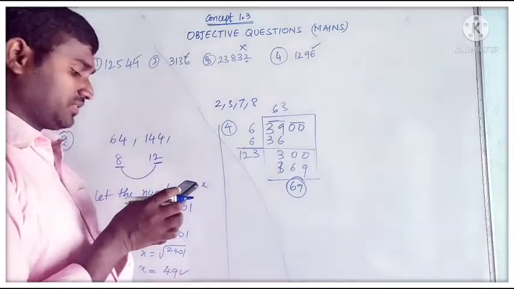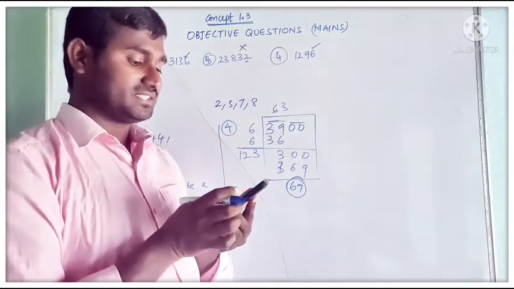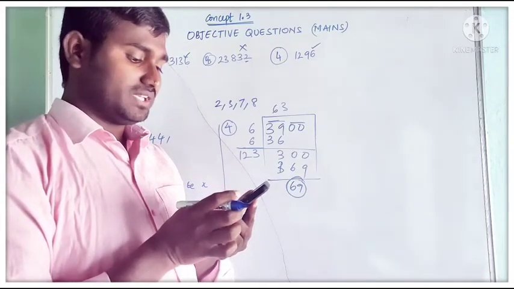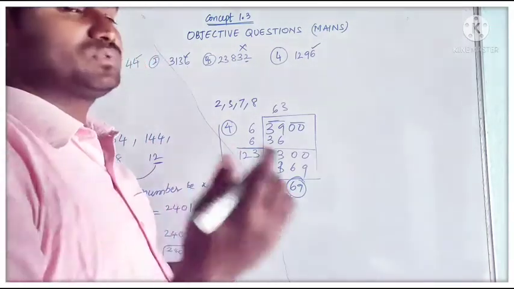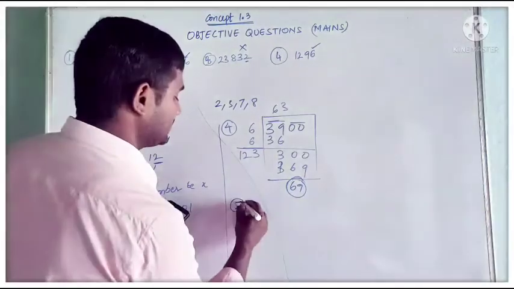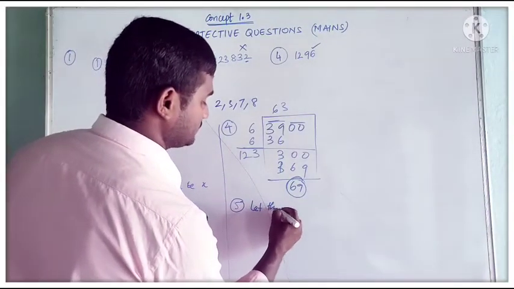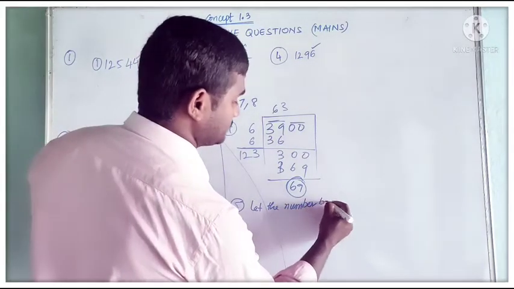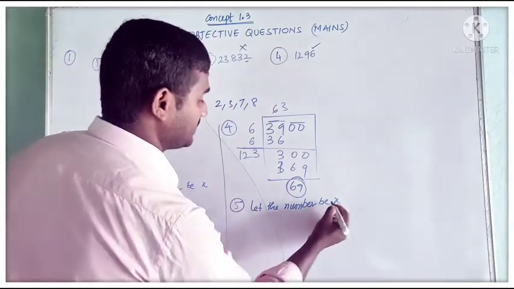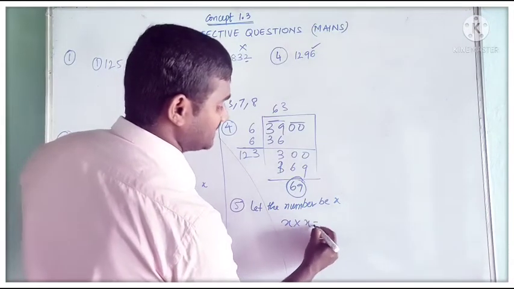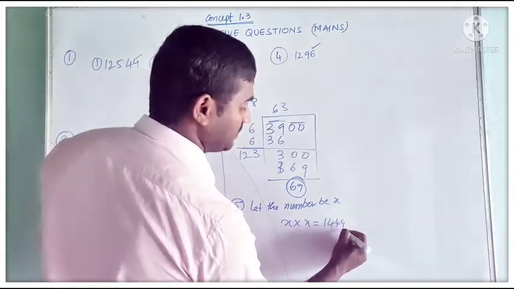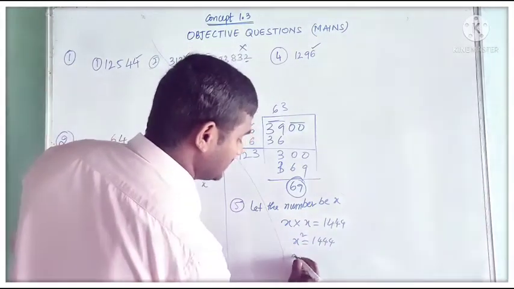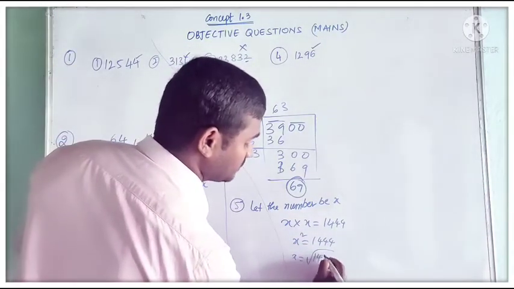Next, question number 5. The product of two equal numbers is 1444. Then the numbers are? Same process. Let the number be x. Product of the same numbers means x into x equal to 1444. So x square equal to 1444. Then x is equal to square root of 1444.